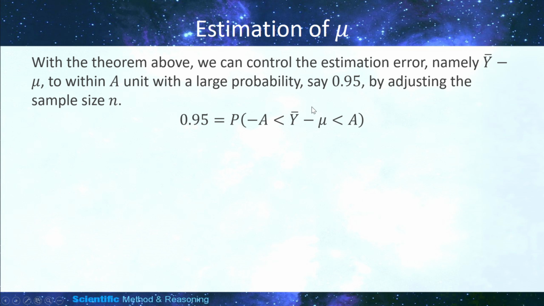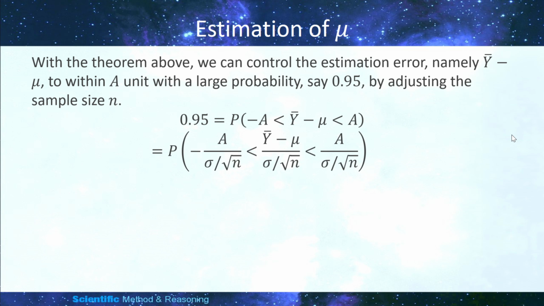But notice that from the earlier expression, we know that y bar follows a normal distribution with mean mu and variance sigma square over n if the yi's are normally distributed. So recall the Z transformation: we take y bar minus the mean of y bar, and divide by the square root of the variance of y bar.